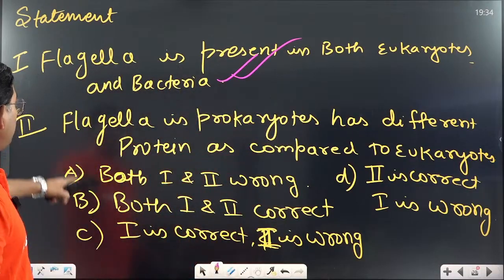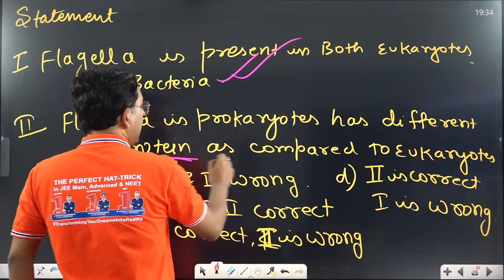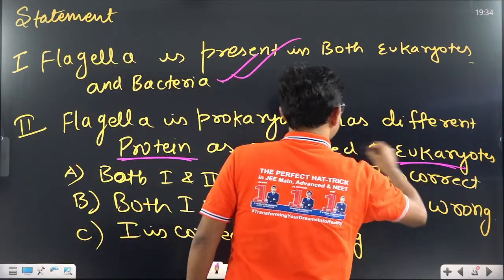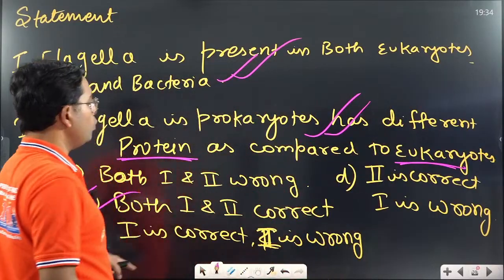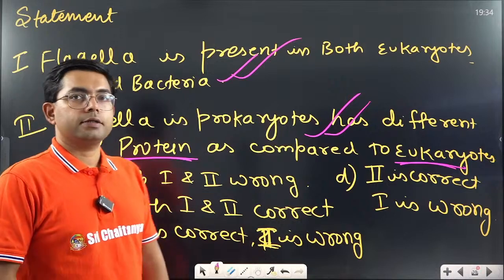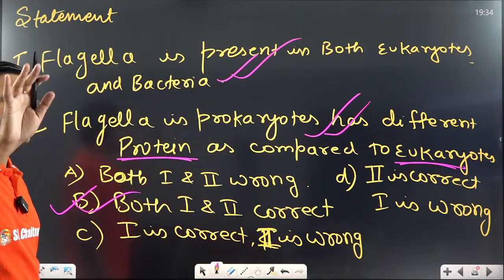Totally true. But flagella in prokaryote have different protein as compared to eukaryote. So this is also right. So both statement 1 and 2 is correct. Understood this point? I think this point is crystal clear.